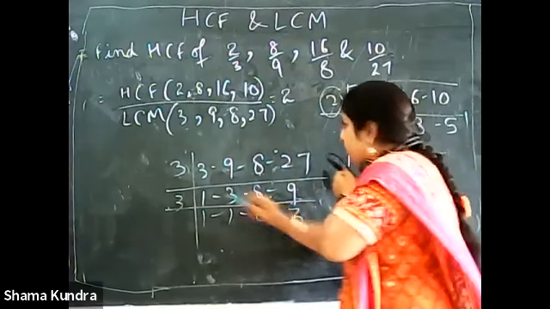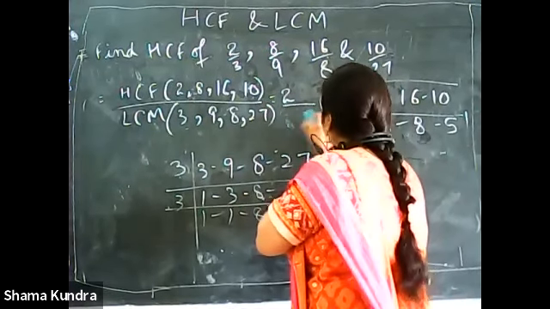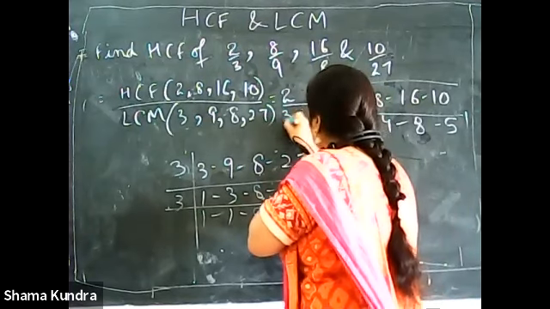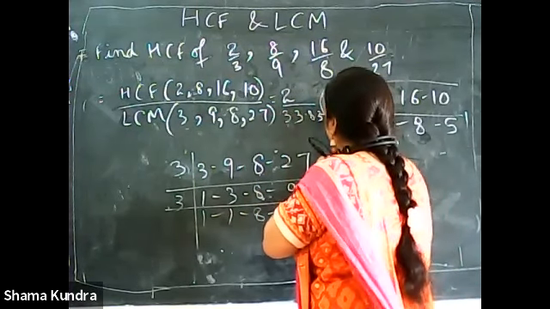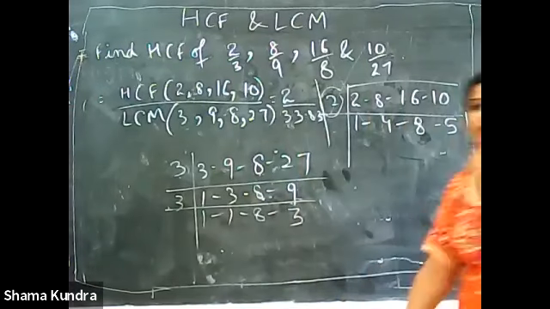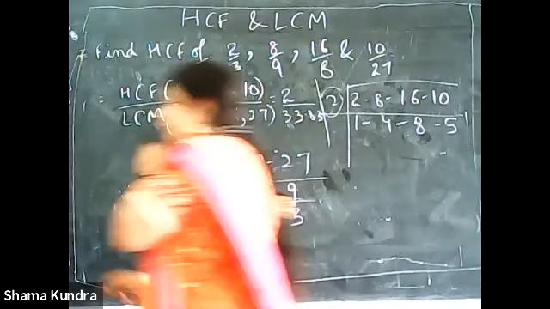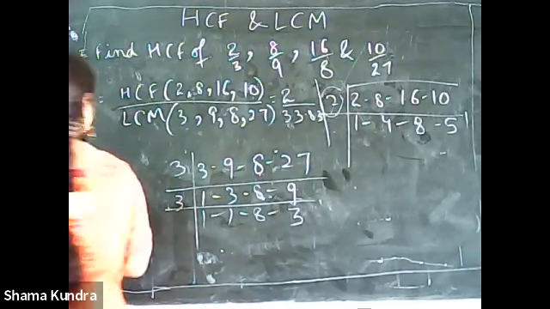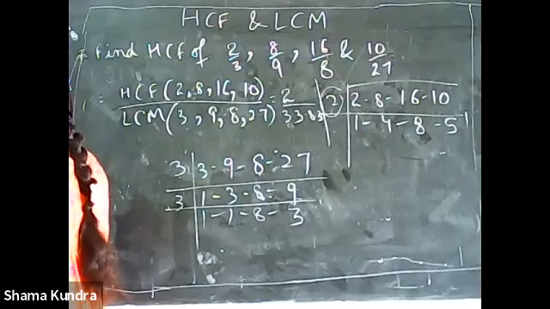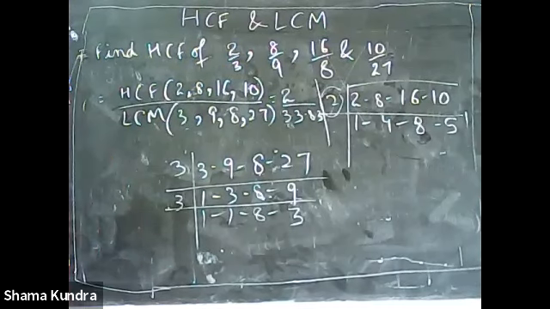So the LCM will be 3 into 3 into 8 and into 3. This will be your answer. Simply find the HCF and LCM. I hope it is clear to all of you.